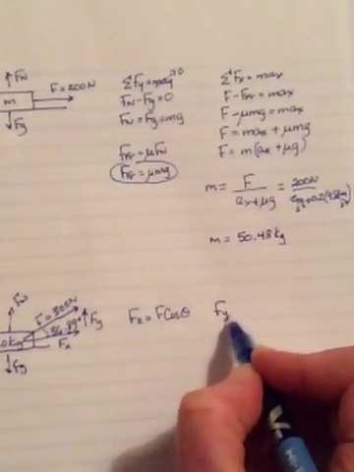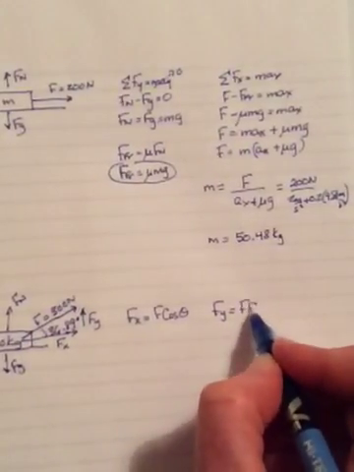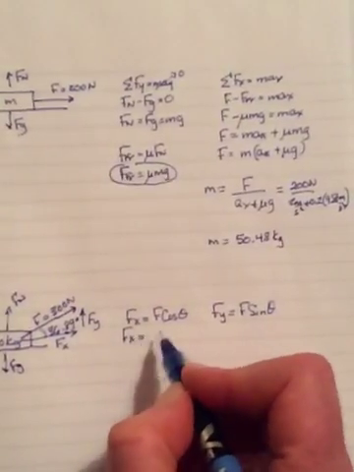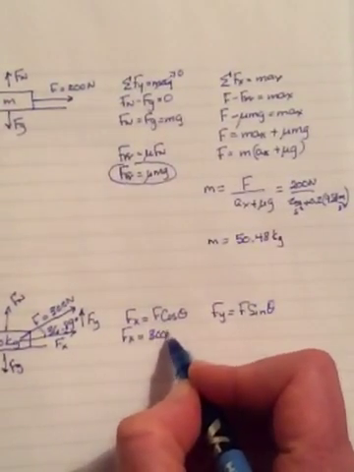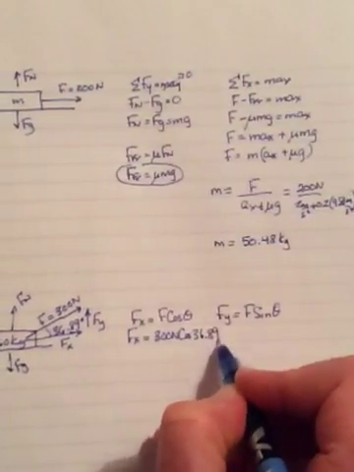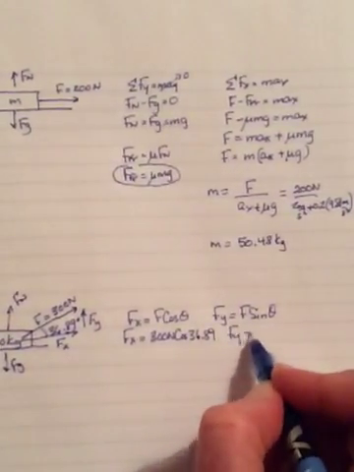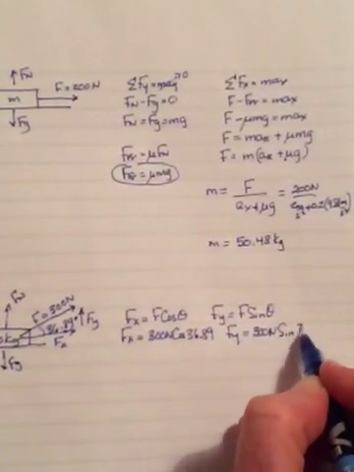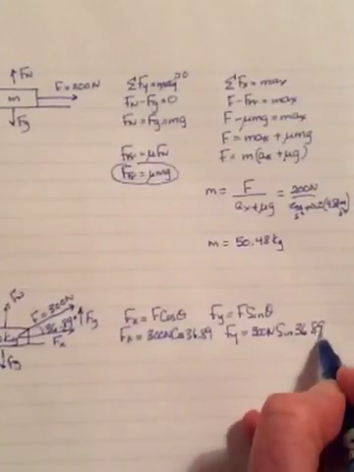Fy is the opposite side, so it's going to be F sine theta. So you can find these two values, because Fx is just going to be 300 newtons cos of 36.89, and Fy will be 300 newtons sine of 36.89.